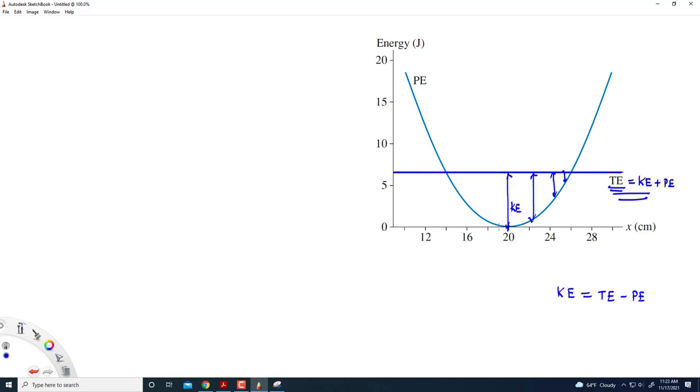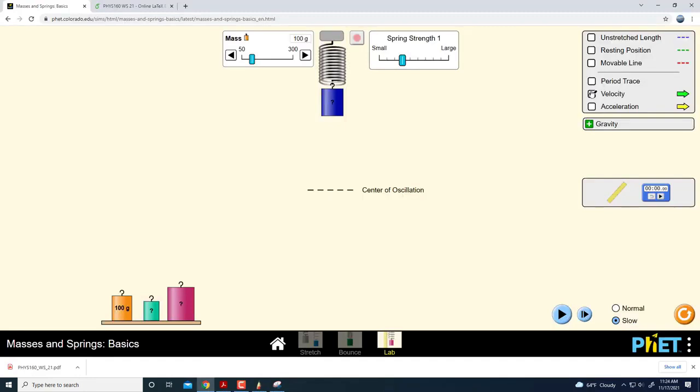Now let's answer the first one. What's the spring's equilibrium length? Meaning, where is the equilibrium position? What can you say about kinetic energy at equilibrium position? Kinetic energy depends on velocity. So the greater the velocity, the more the kinetic energy.